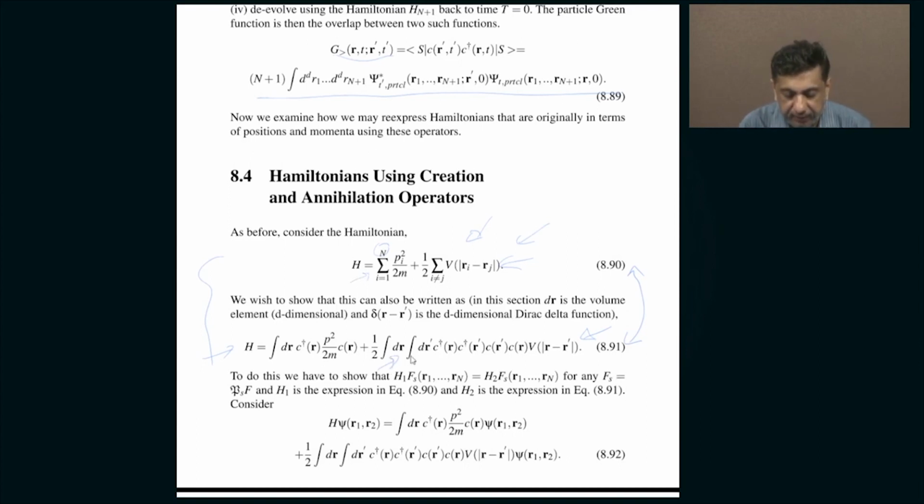So I have to specify that when 8.91 acts on a Hilbert space containing n particles, it is only then that these two become the same operator. The operator described in terms of creation and annihilation operators becomes precisely the same as the operator described in terms of position and momentum.